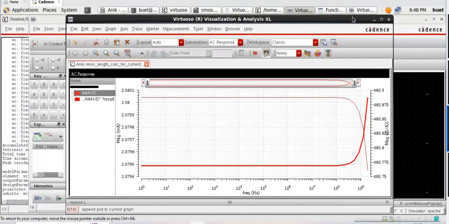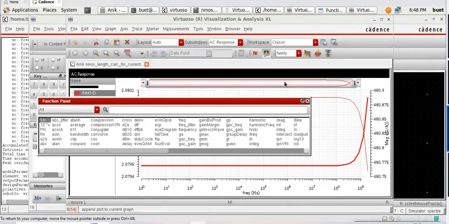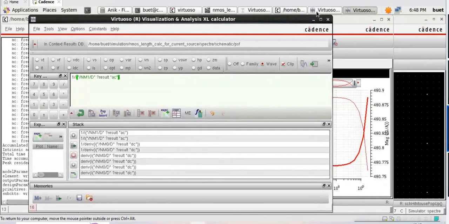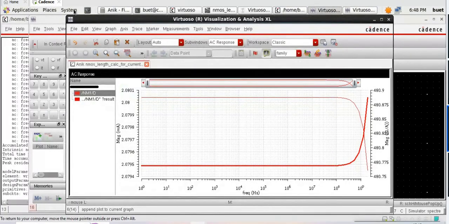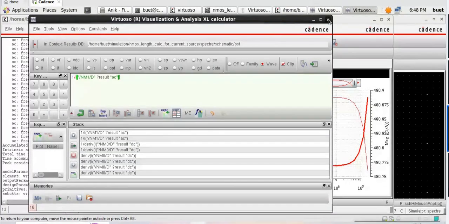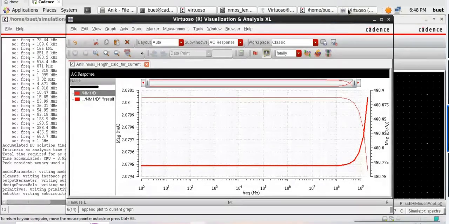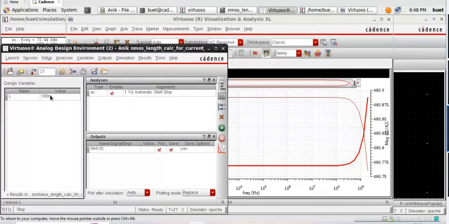So I'll just keep this graph and close these calculator things. I'll go to this ADL window again. Now this time I'll change the L value from 100 to 500 nano. I'll keep on increasing because I want to show you that as L increases, the resistance also should increase.